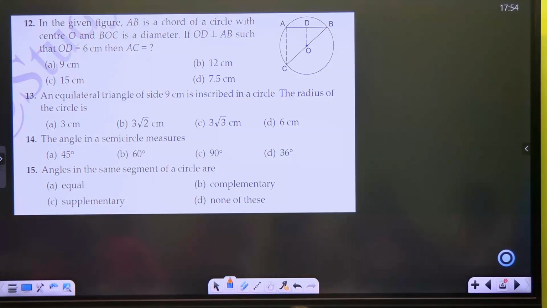If you are feeling hot, you can switch on the fan. Only OD is given. Only OD.